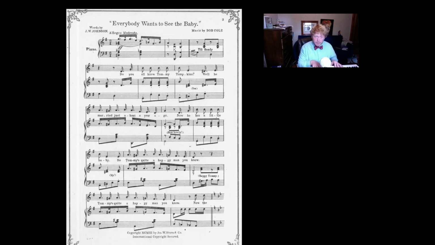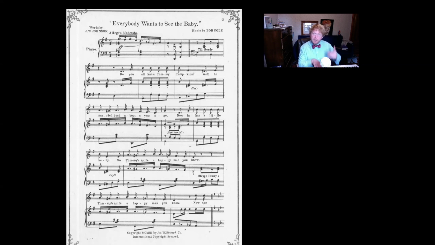Now let's go to the second phrase. Now he has a little baby. Now we've got ourselves PACs in the key of D. So now the second half of the phrase, for with we has a little baby.